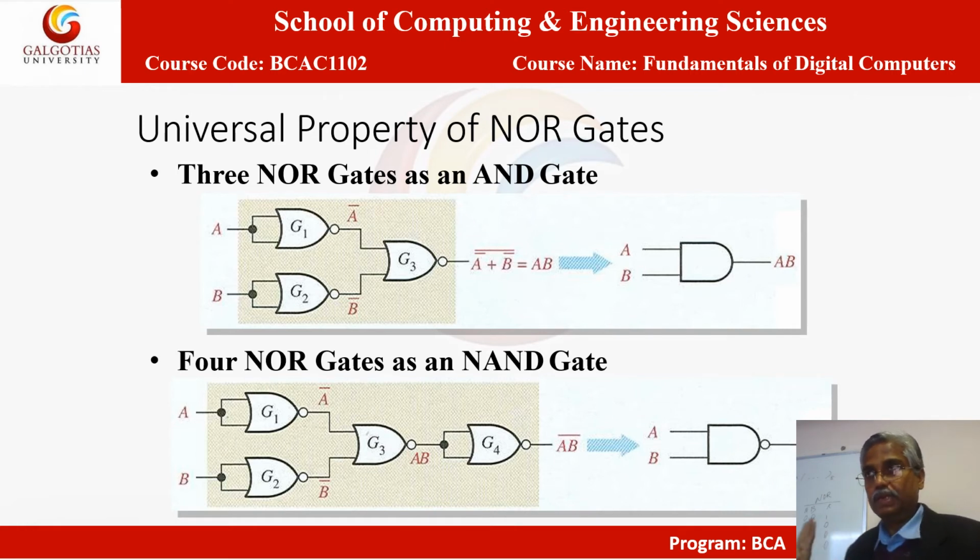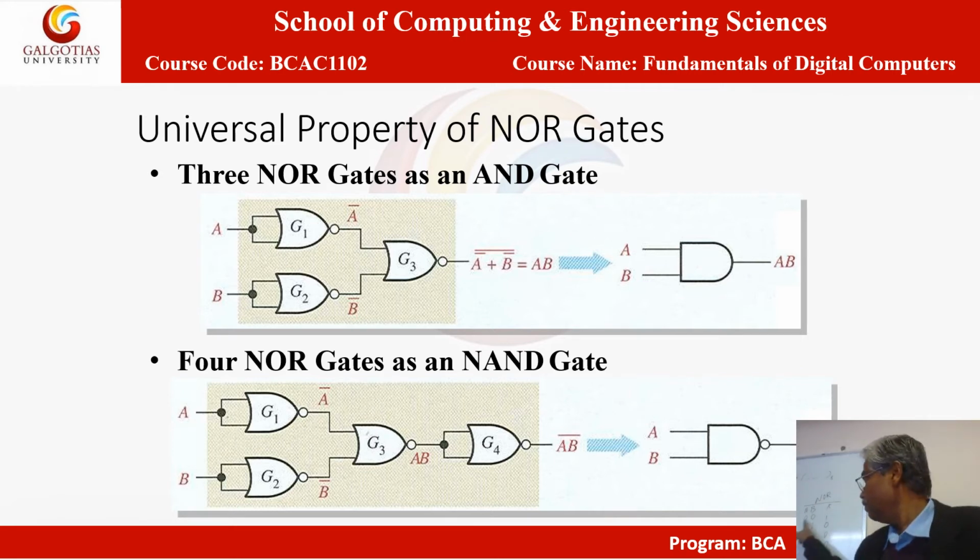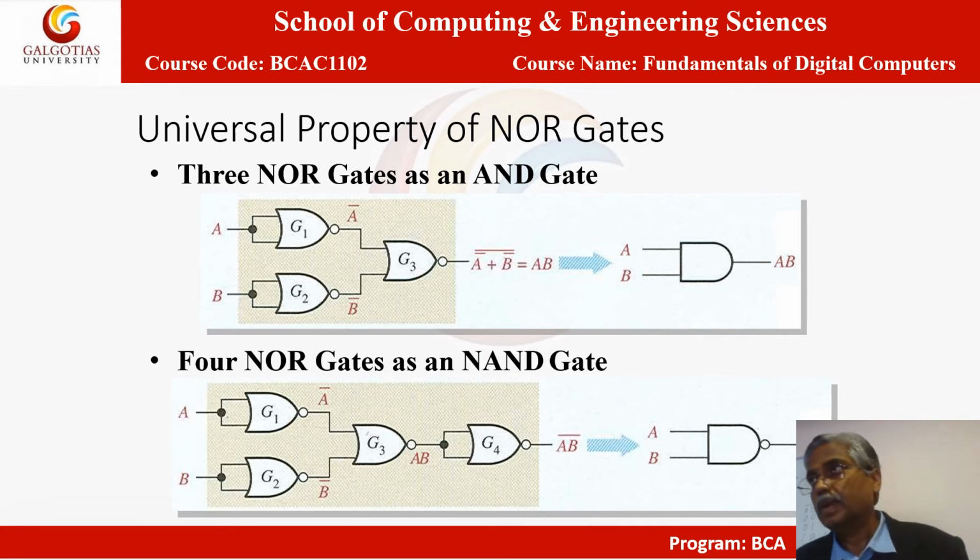Now the fourth condition, when 1 1 is entered from A and B, the inverter circuit will convert it to 0 0, and then 0 0 when it passes through G3 will become 1. So 1 1 will become 1, all other entries will give 0. So it is working like an AND gate. Is it clear or any doubt?